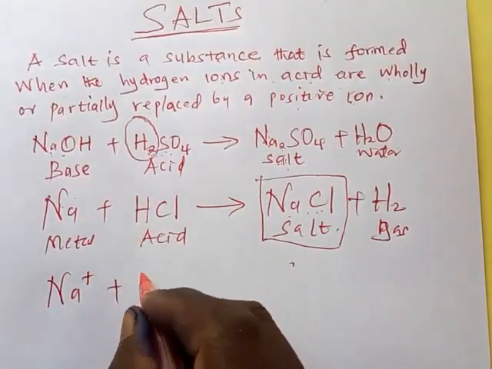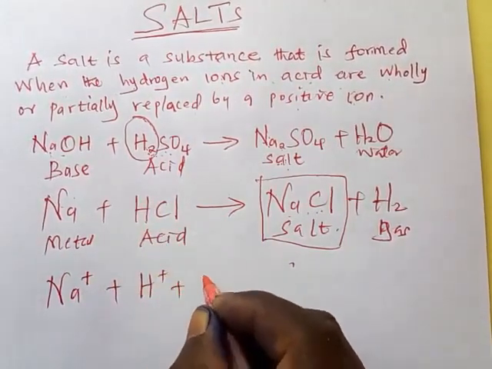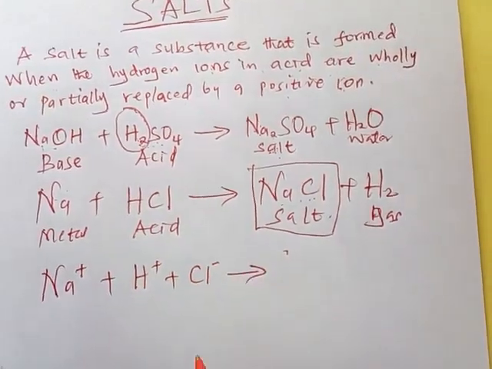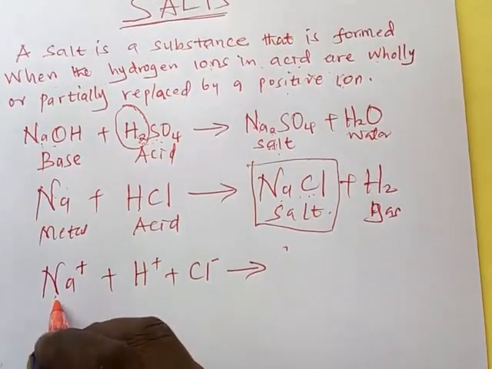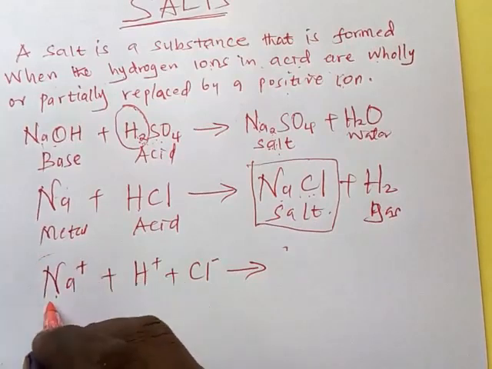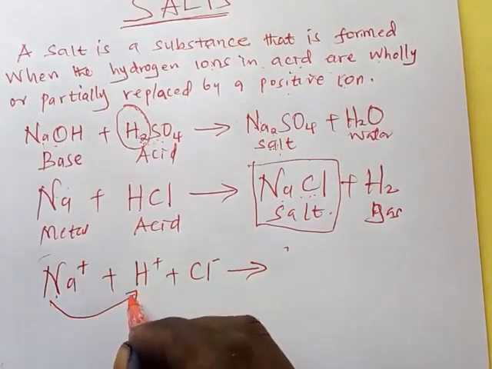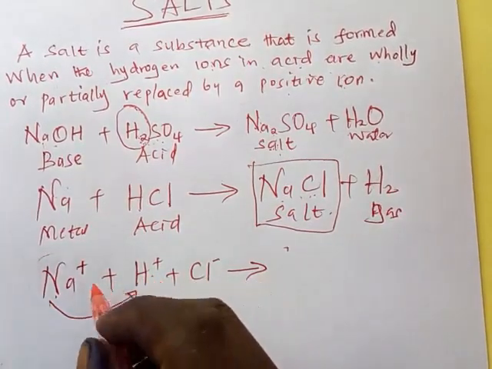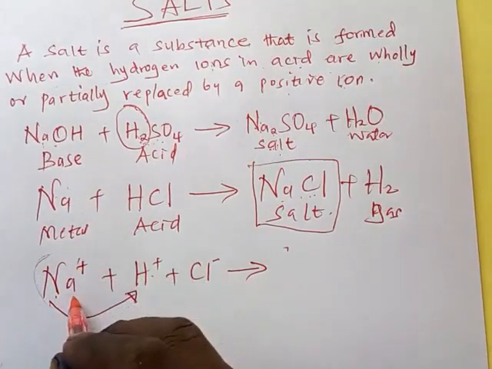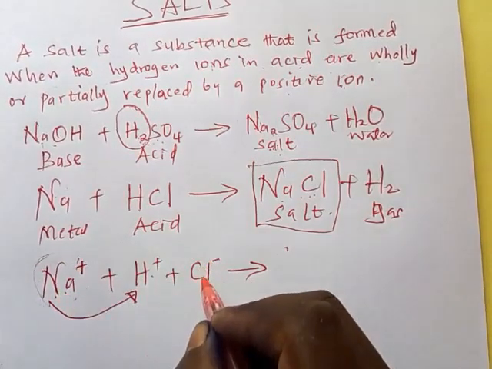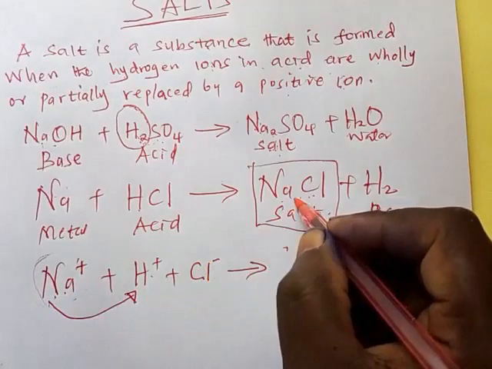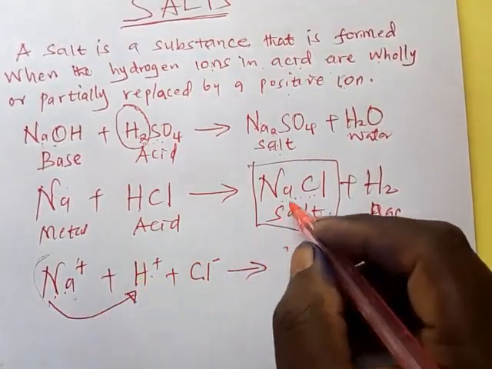Let me dismantle this one: hydrogen ions plus chloride ions. So this positive ion displaces the hydrogen ion in the acid. So this sodium attaches itself to chlorine and they form the salt. So we are going to form sodium chloride.